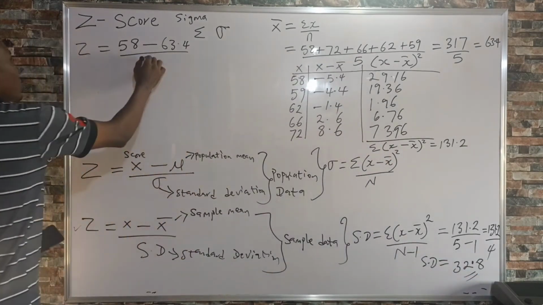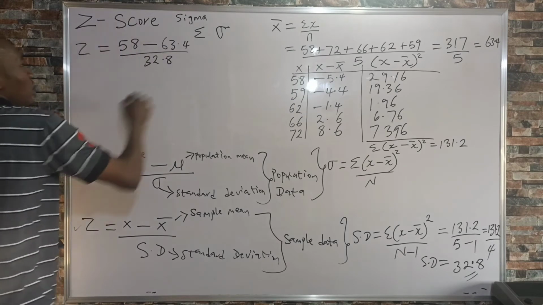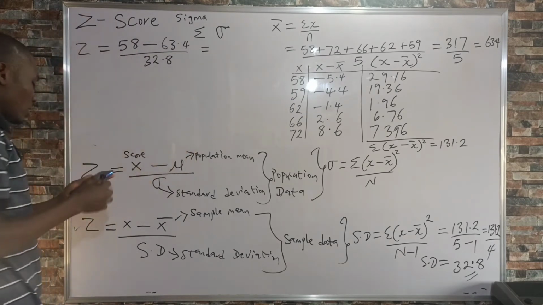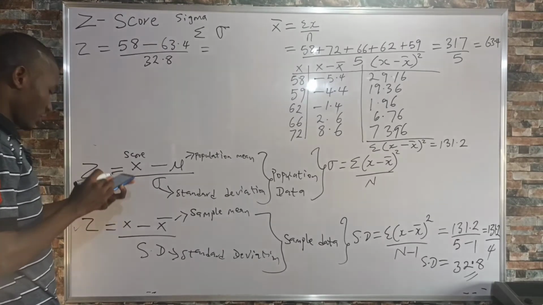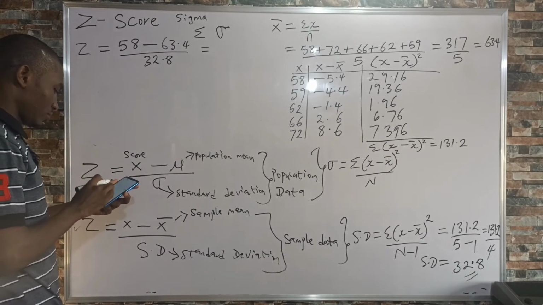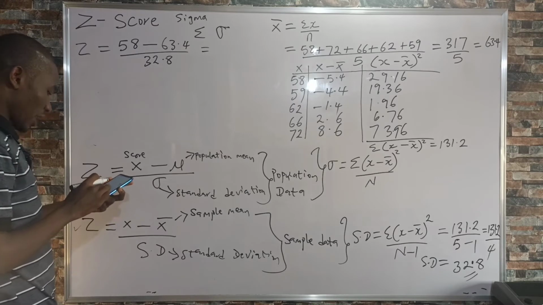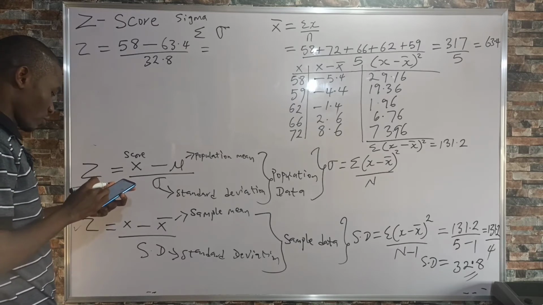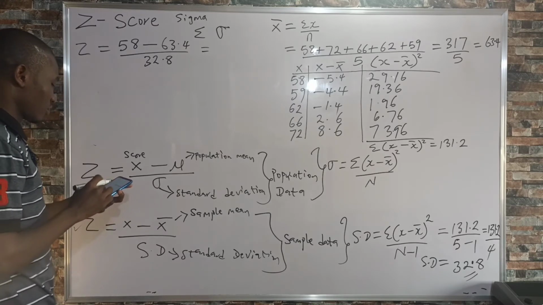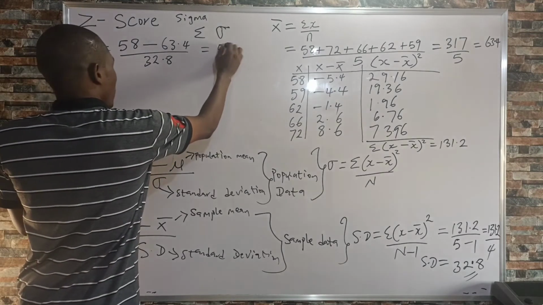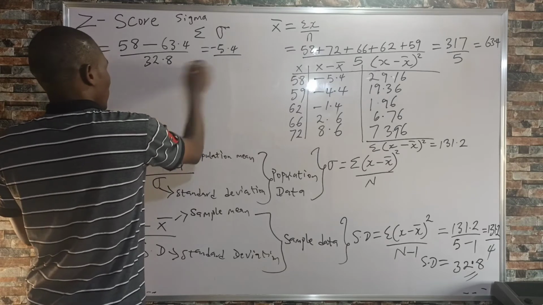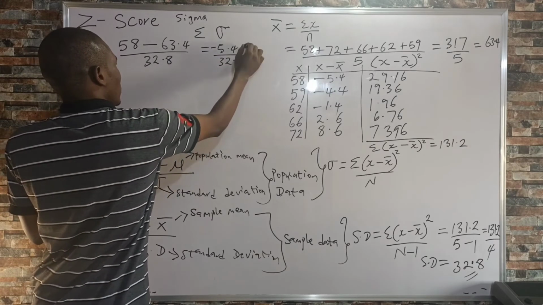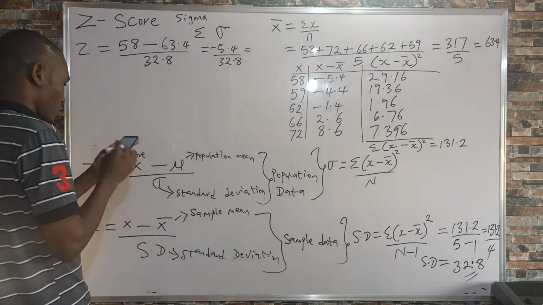So here we have 32.8, and this is equal to, let's calculate with our calculator. We have 58 minus 63.4, and that is equal to negative 5.4, and that is all over 32.8.